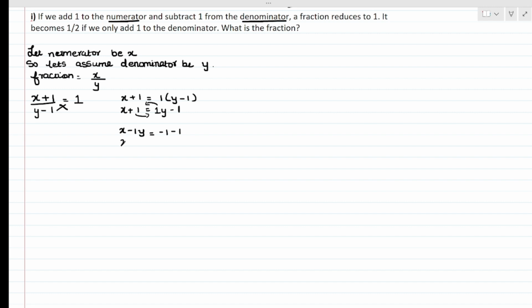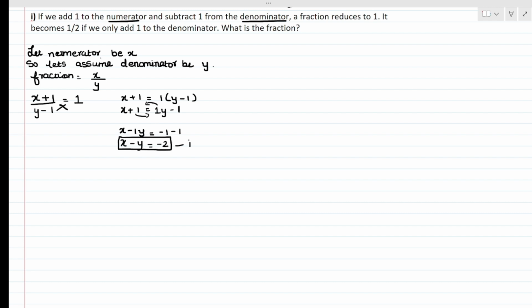So x minus y equals minus 2. This is my first equation. Keep it aside.